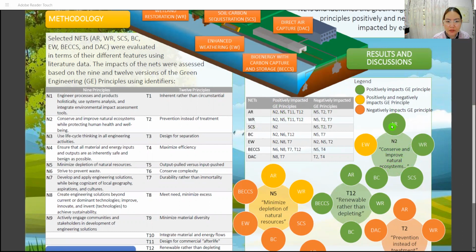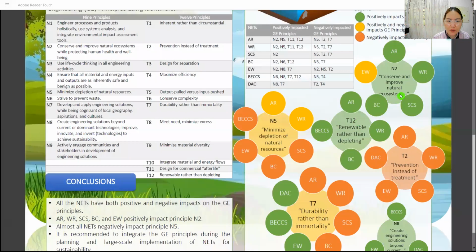The green color means the net positively impacts the principle, orange means the net negatively impacts the GE principle, and lastly, yellow means the net both negatively and positively impacts the GE principle. For principle N2, which is conserve and improve natural ecosystems while protecting human health and well-being, it's positively impacted by these NETs.